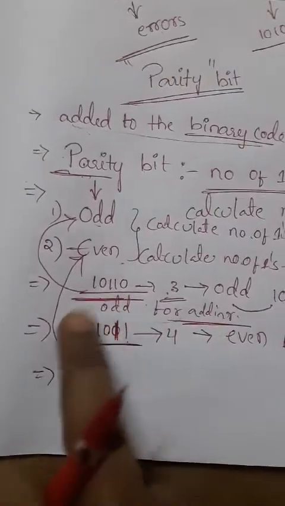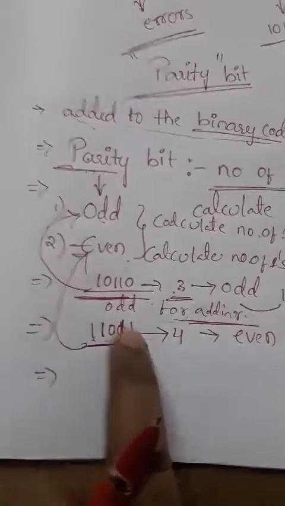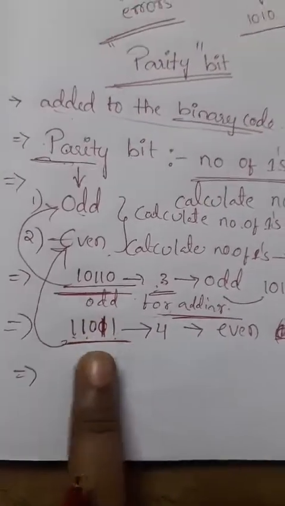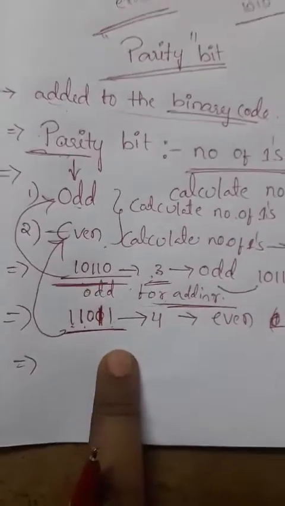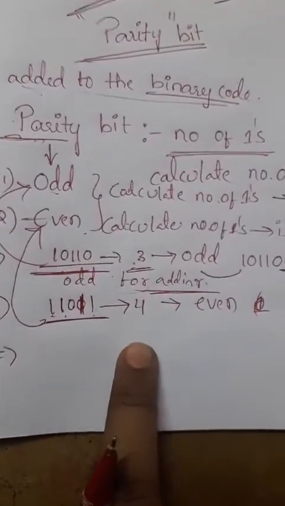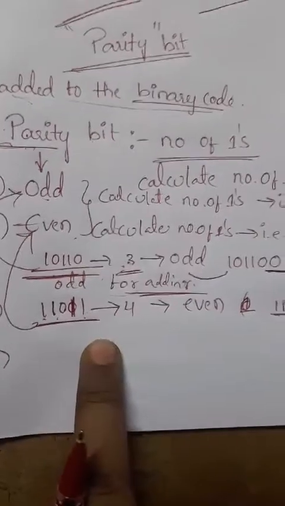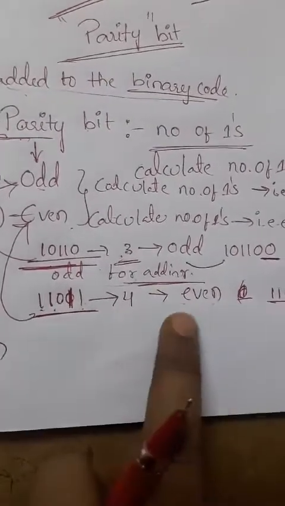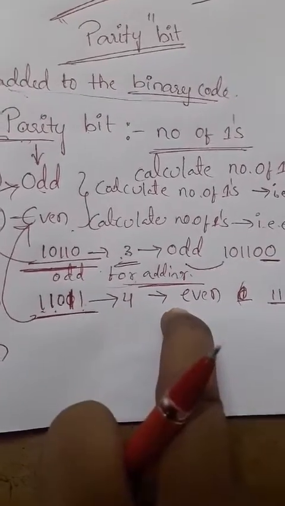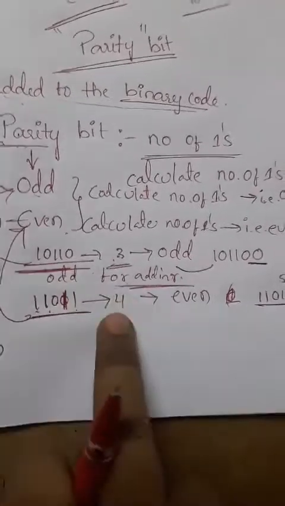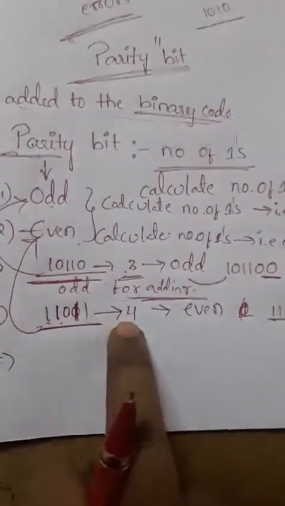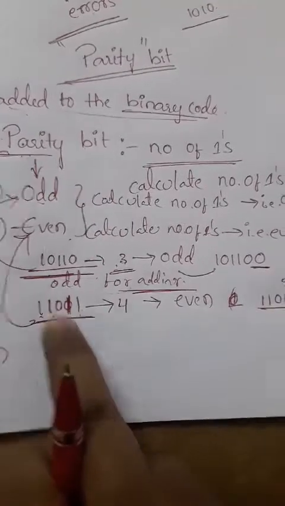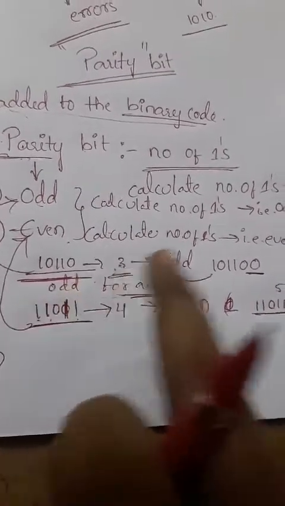That is 4 ones. So definitely this code is not odd parity, because we can observe 4 ones in that code. So this is in even parity, but we need to convert this binary code to odd parity.